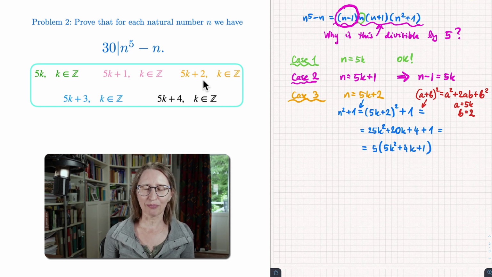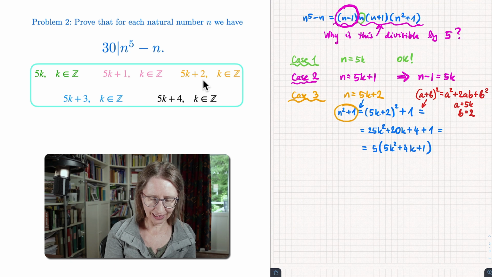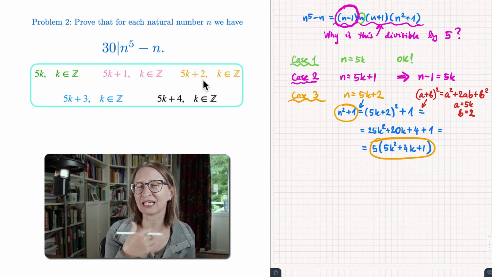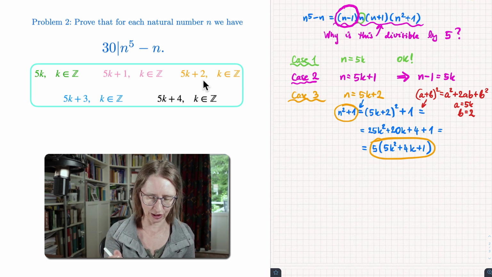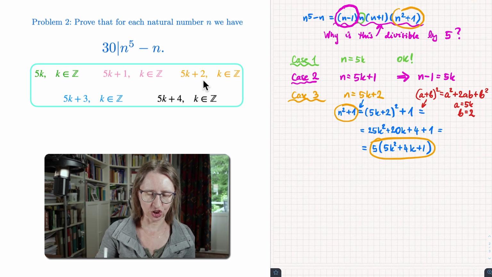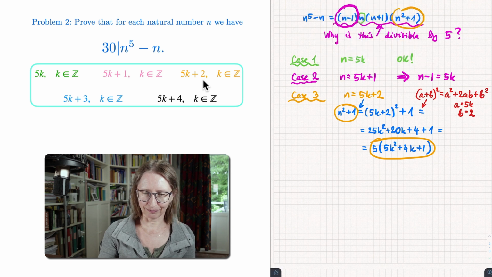So this number n squared plus 1 is clearly divisible by 5. N squared plus 1 is divisible by 5 because it's equal to 5 times some integer. So in case 3, we get n squared plus 1, which kind of saves us.